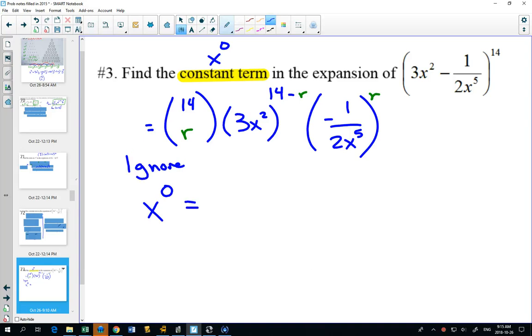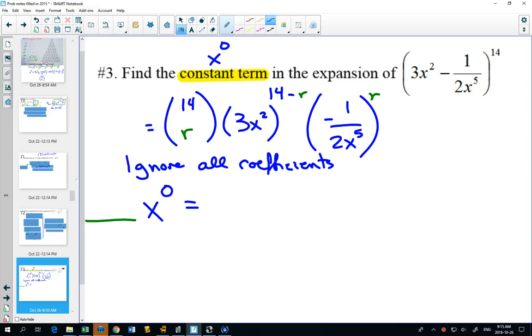We have to make a special note that we ignore all coefficients, or all the values that affect things in front. Technically, the constant term would have some number in front times x to the 0. But we're going to ignore that and just think about the x's.